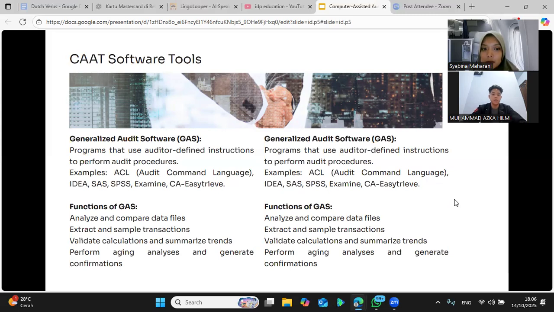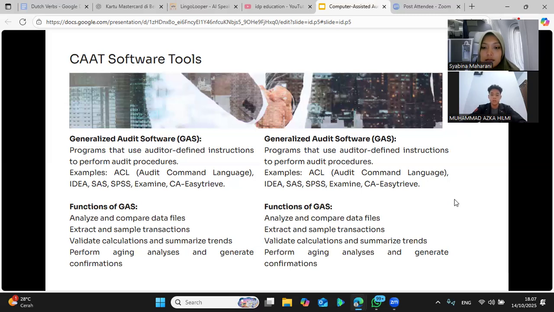Examples of GAS are ACL, IDEA, SAS, SPSS, Examine, and CA EasyTrieve. The function of GAS is to analyze and compare data files, extract and sample transactions, validate calculations, and summarize trends. They are also used to perform aging analysis and generate confirmations.